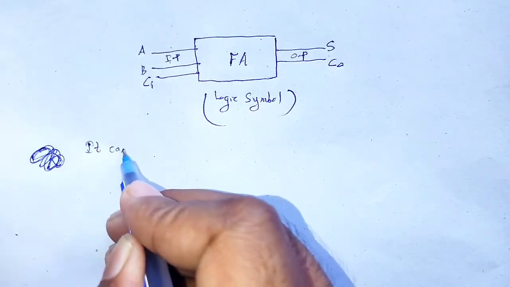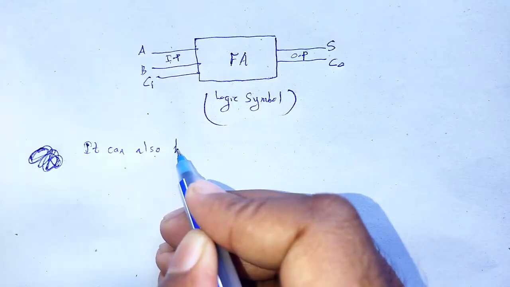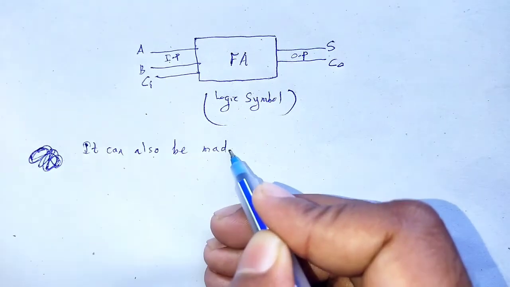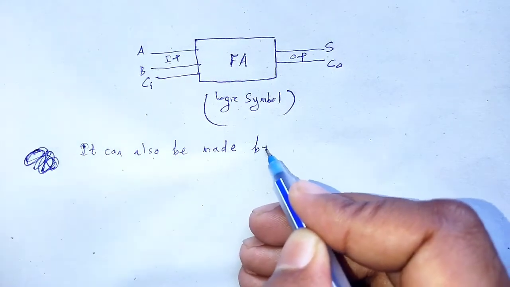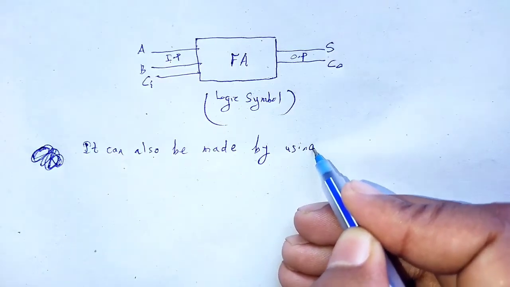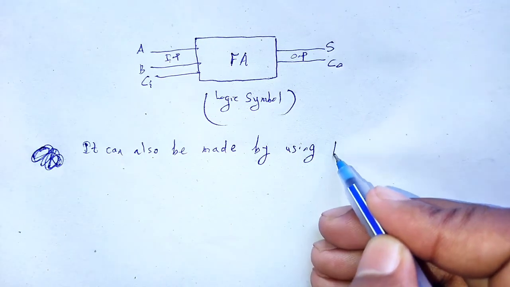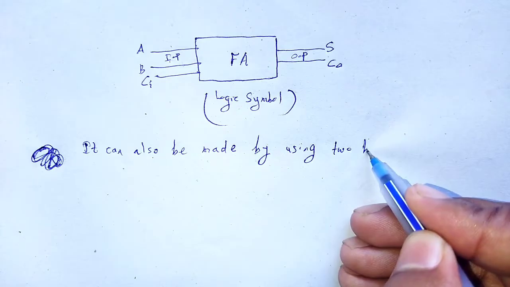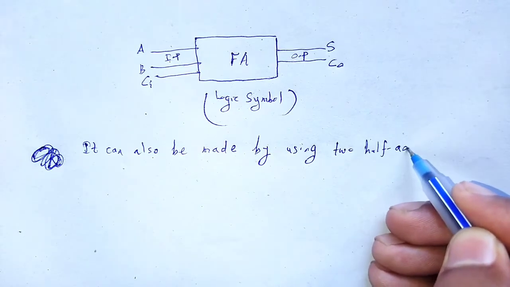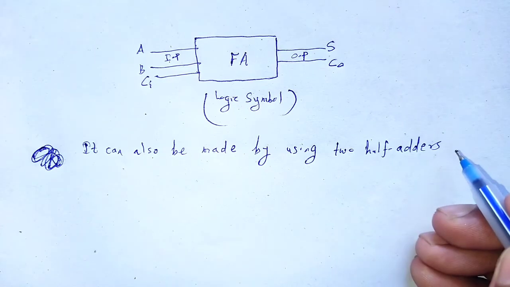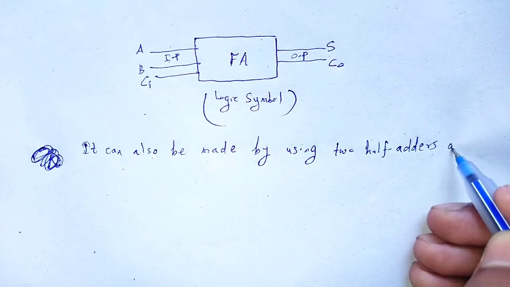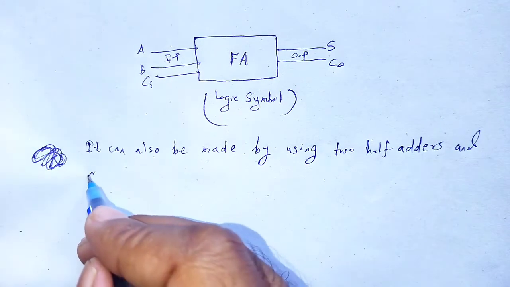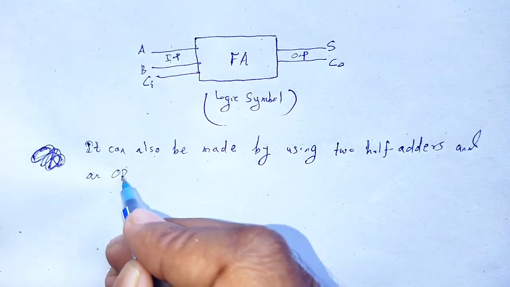It can also be made by using two half adders and an OR gate.